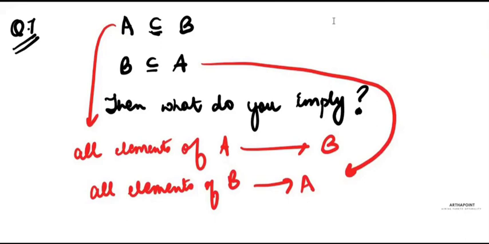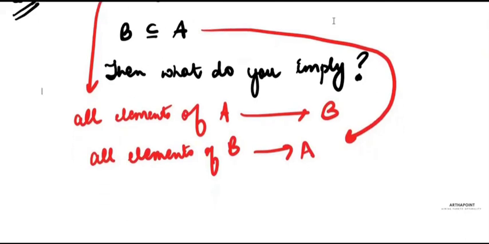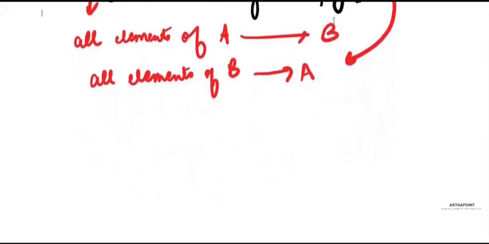So if all elements of A are in B and all elements of B are in A, it means none of them have an additional element.